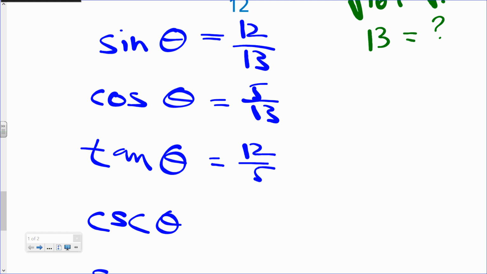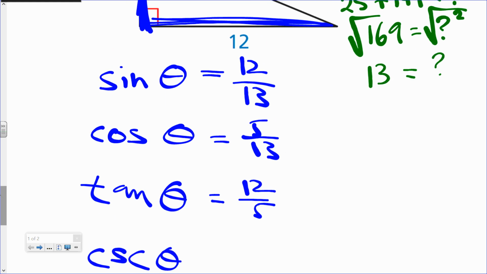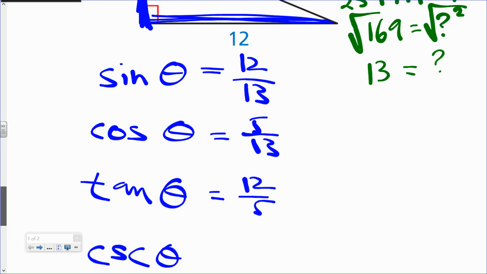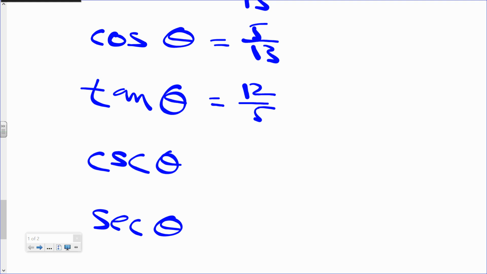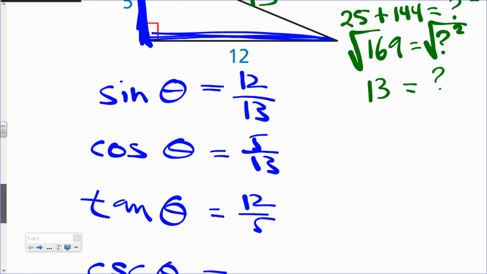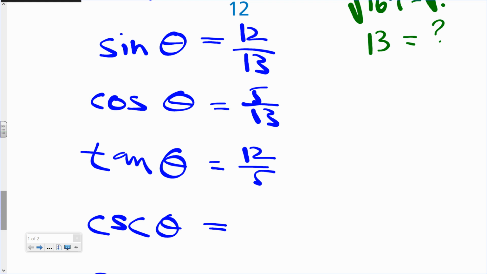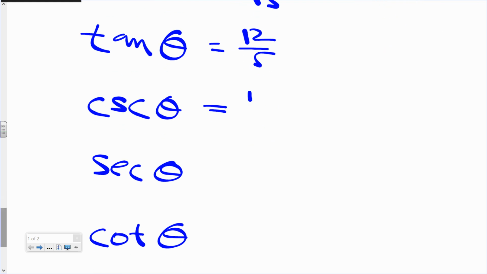So the sine, coming back over here, is opposite 12 over hypotenuse, over 13. Cosine of theta: adjacent over hypotenuse, 5 over 13.